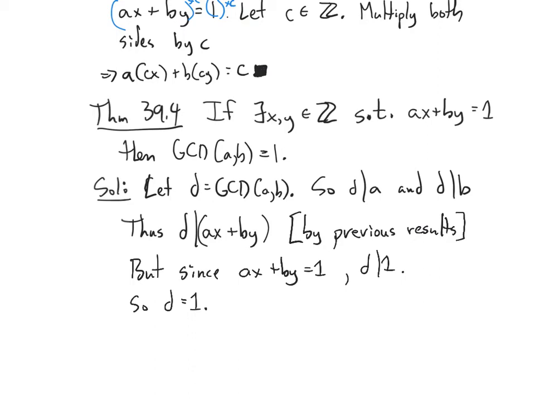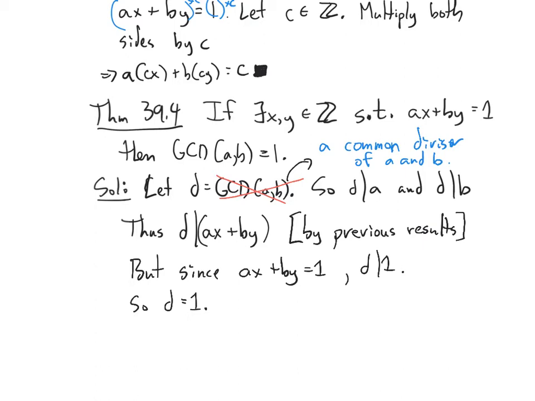Let's just make it be any common divisor of A and B. So if we make it any common divisor, everything here still makes sense, but we find that that common divisor has to be 1.